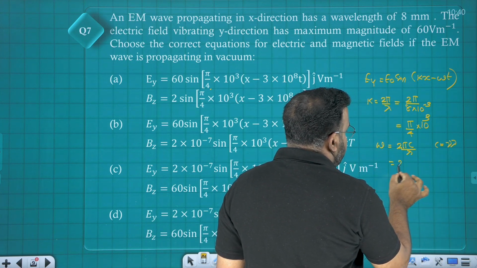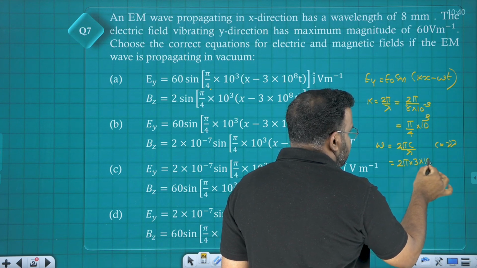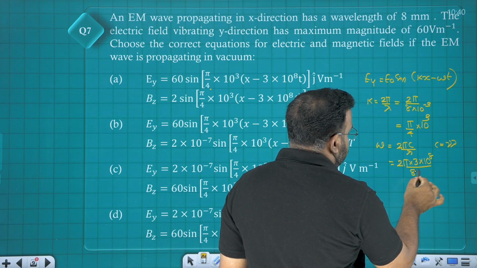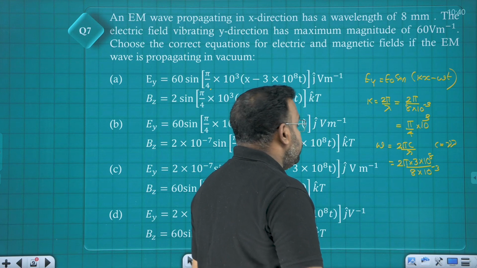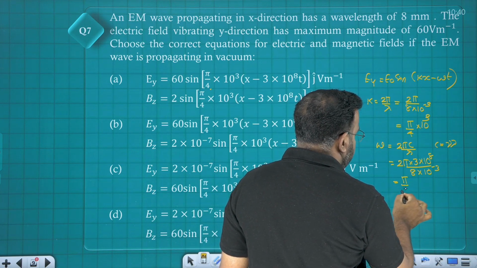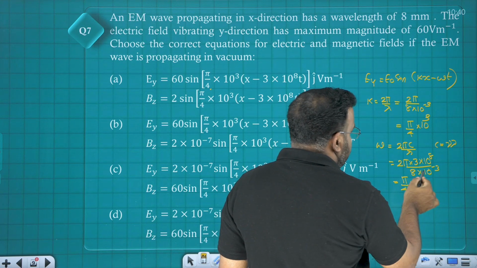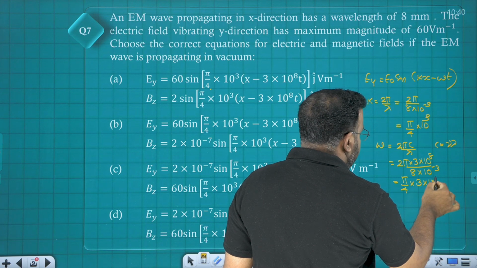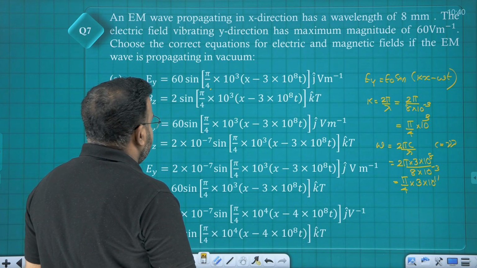So we get 2 pi into c, which is 3 into 10 to the power 8, divided by lambda, which is 8 into 10 to the power minus 3. 2 pi by 8 is pi by 4, into 3 into 10 to the power 11 will come.